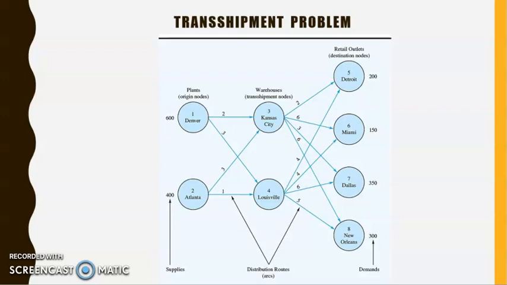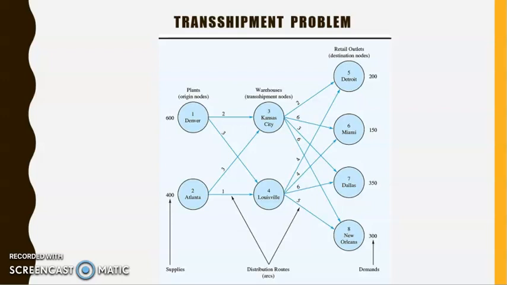On the right, as you see the arrow, they are retail outlets, destination nodes, or distributors if we want to make it more similar to the one we discussed last session. So here we have demands, very similar to the previous one.